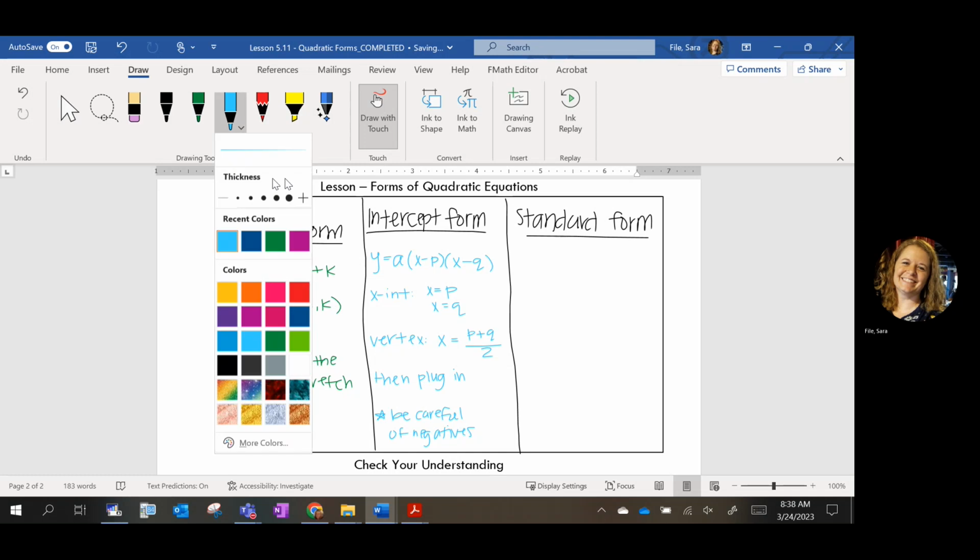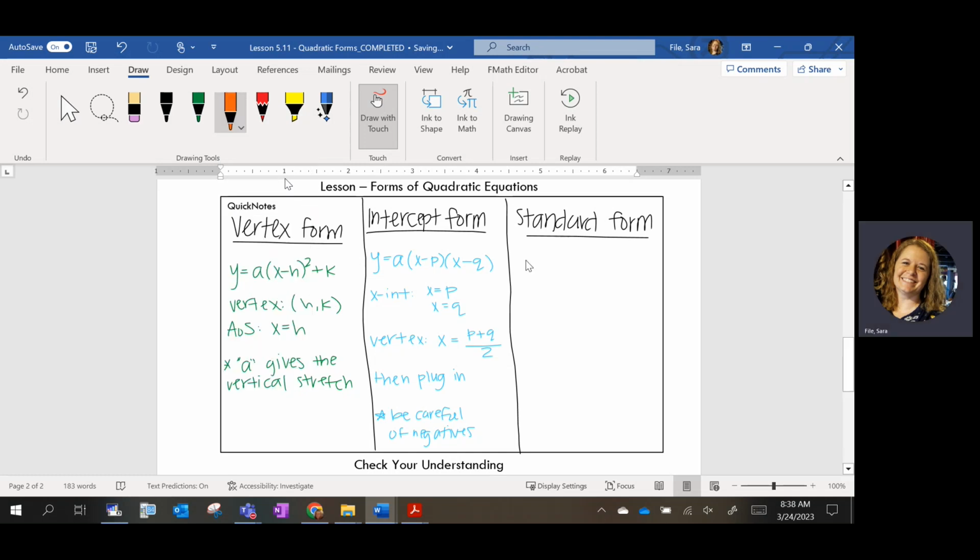All right, standard form. This is the one we've been practicing factoring the past couple days. Ax squared plus bx plus c.